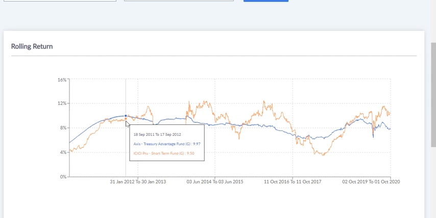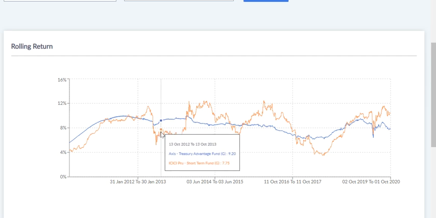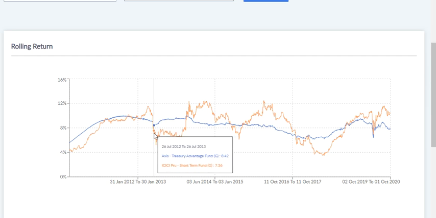Now see, let's say someone else, XYZ, has invested at this time, 22nd July 2012, for 1 year to 22nd July 2013. So the Axis Treasury Advantage Fund return would have been 8.69, whereas ICICI Pru Short Term is 8.07.